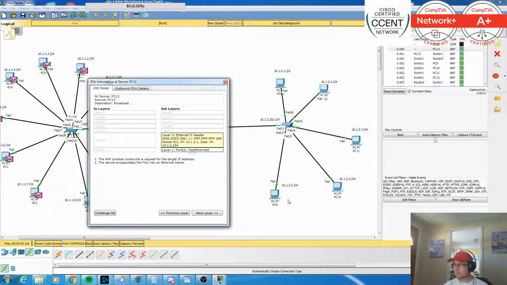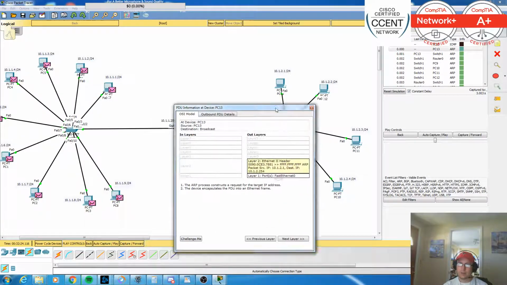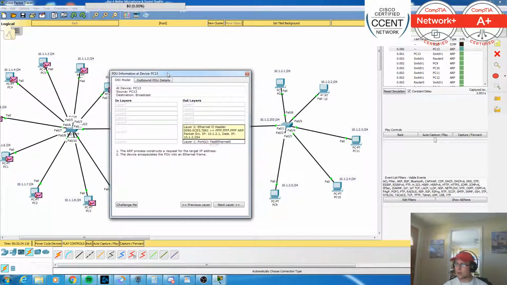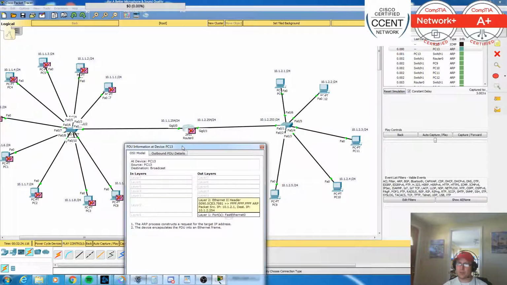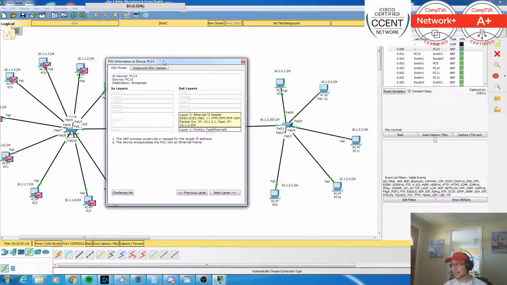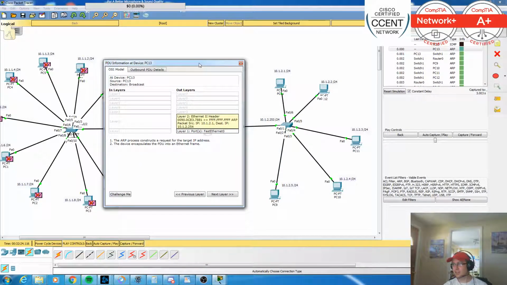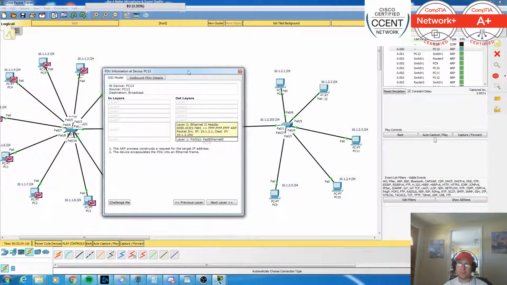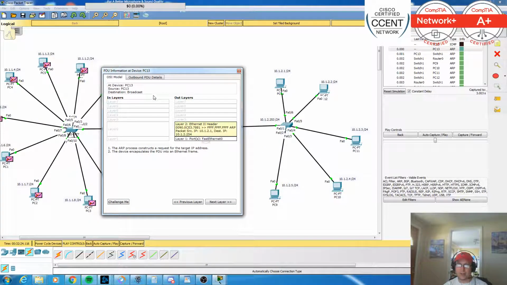If I had a switch at this PC, it would just forward it out of every port. Where it stops, and what doesn't forward it out of every port, is your router. Your router understands where a network is and knows which port to send it out of, and it divides up the broadcast. Without routers, we would definitely have basically a flood of broadcast addresses, and a router helps divide that up within a network.